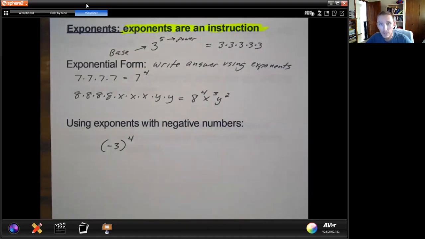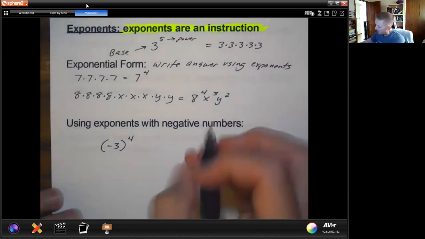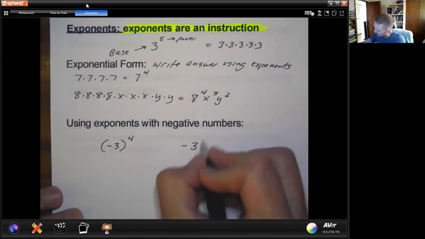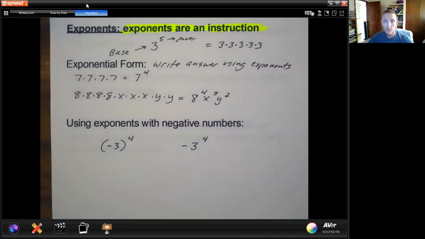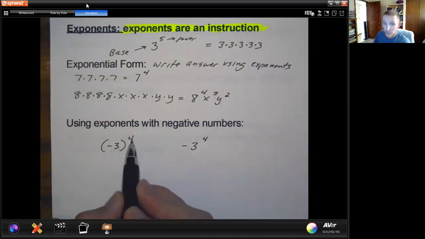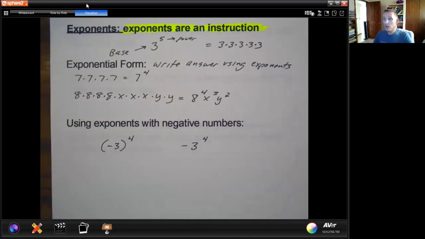Now, this idea of in parentheses is going to be important because we're going to also talk about what happens if I have -3 not in parentheses to the 4th power. There's going to be a subtle difference between how we solve those problems. In this first example, the 4 is touching the parentheses, which means it applies to both the 3 and the negative.